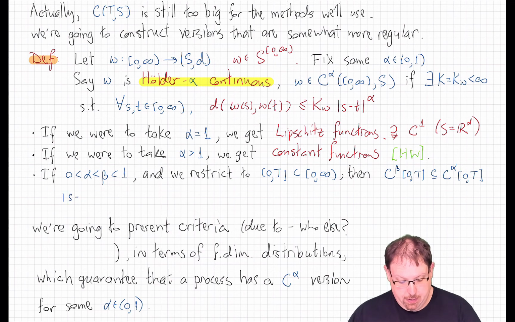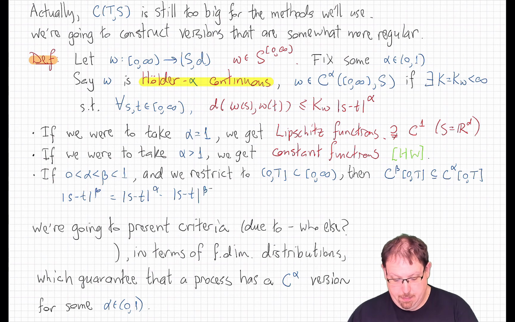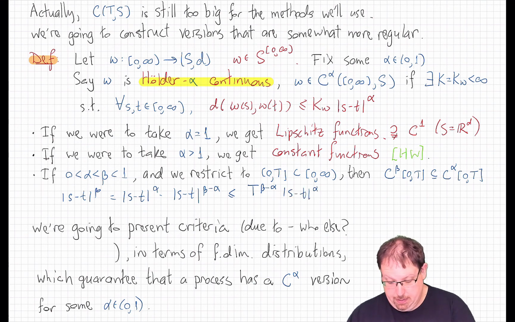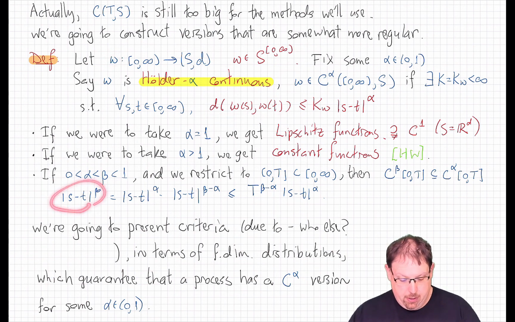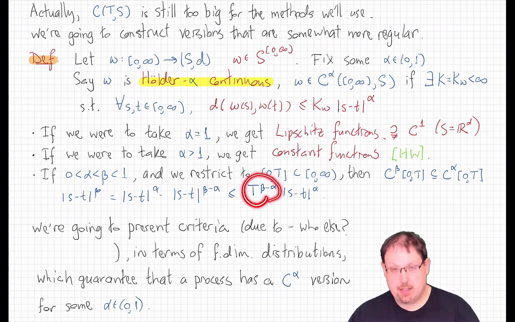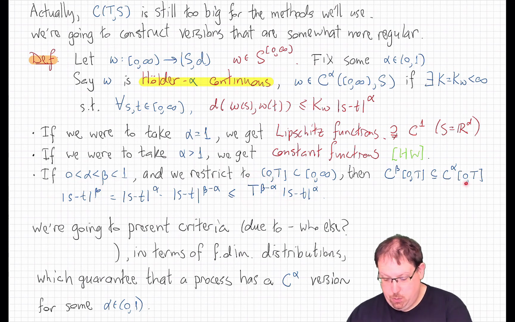If I just compute |s minus t| to the beta, I can write that as |s minus t| to the alpha times |s minus t| to the beta minus alpha. And on our compact time interval, |s minus t| is no bigger than the width of the interval. So that's less than or equal to T to the beta minus alpha times |s minus t| to the alpha. So that shows us that if omega has distances less than or equal to a constant times this, then they're also less than or equal to a constant times this positive constant times that, showing this inclusion.